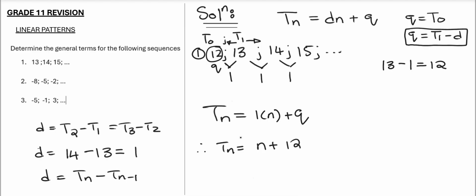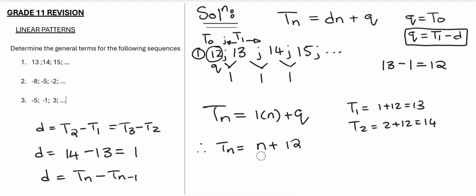Let's put it to the test. T1 is going to be 1 plus 12, which is 13. T2 is going to be 2 plus 12, which is equal to 14. And we see that's the pattern that we had to find the general term of, guys.